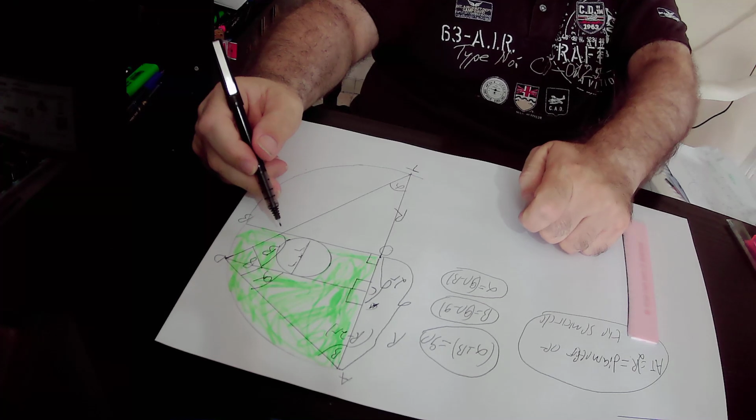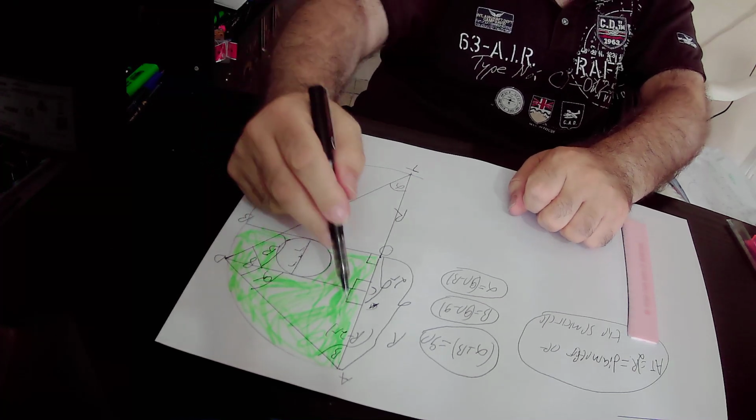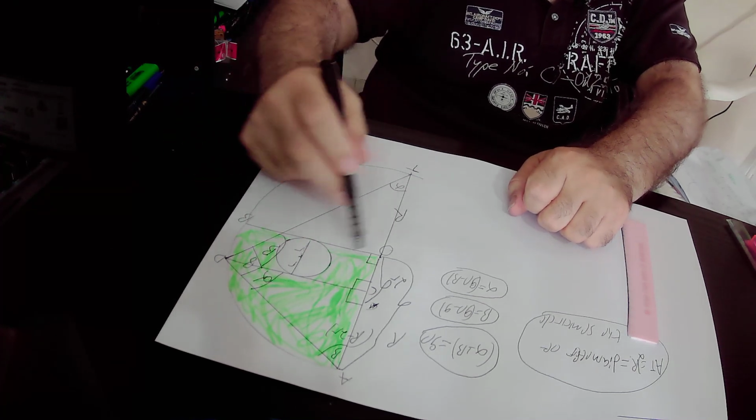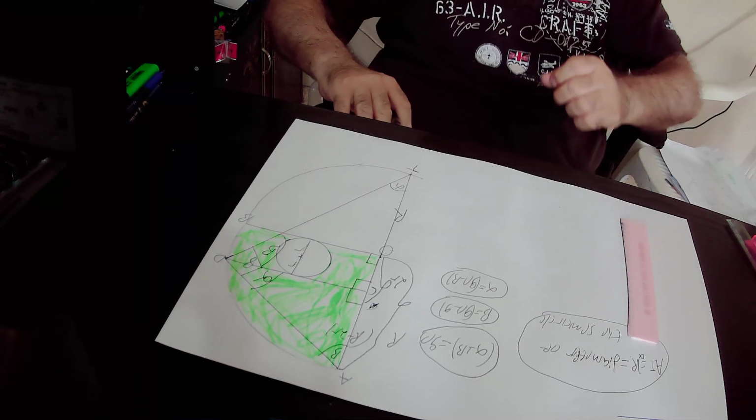In the next step, we prove that the right triangle ACD is similar to the right triangle CDT. Write it down.